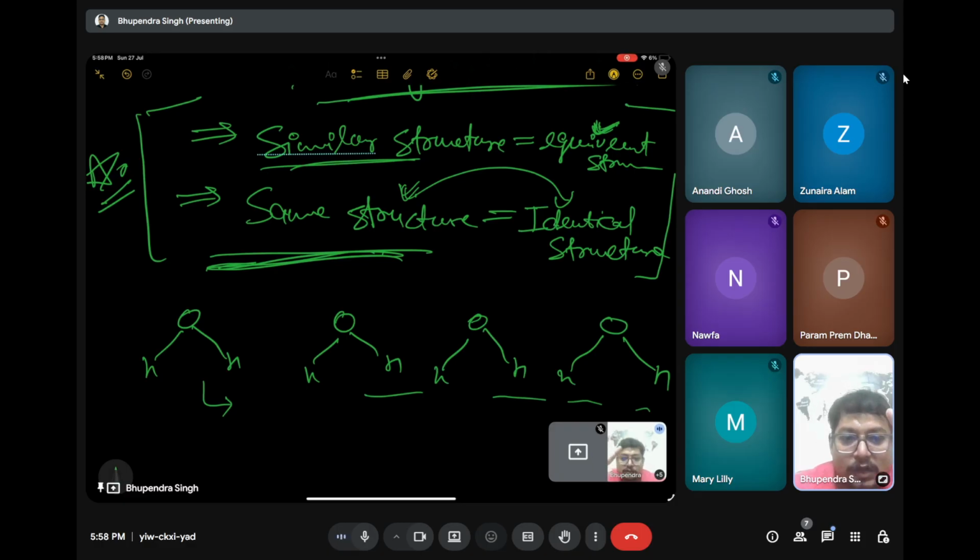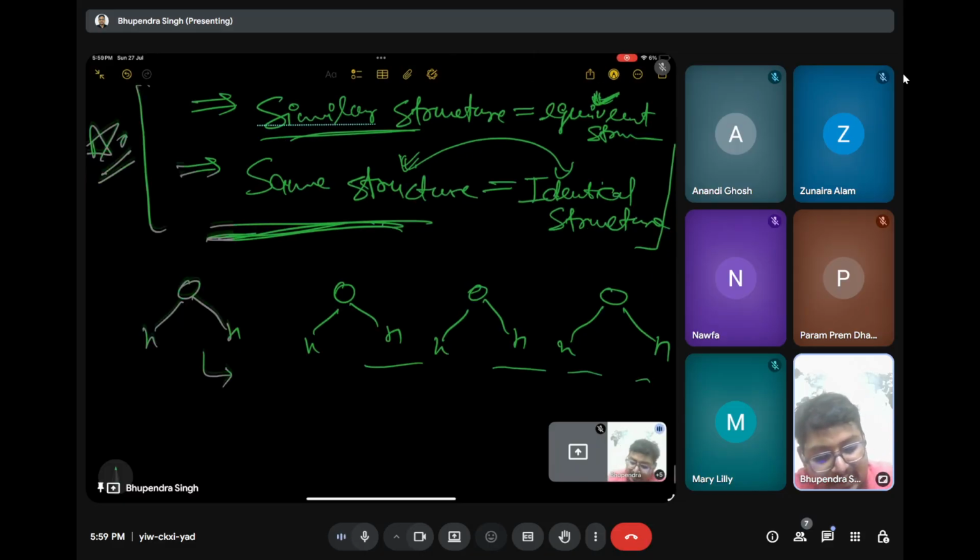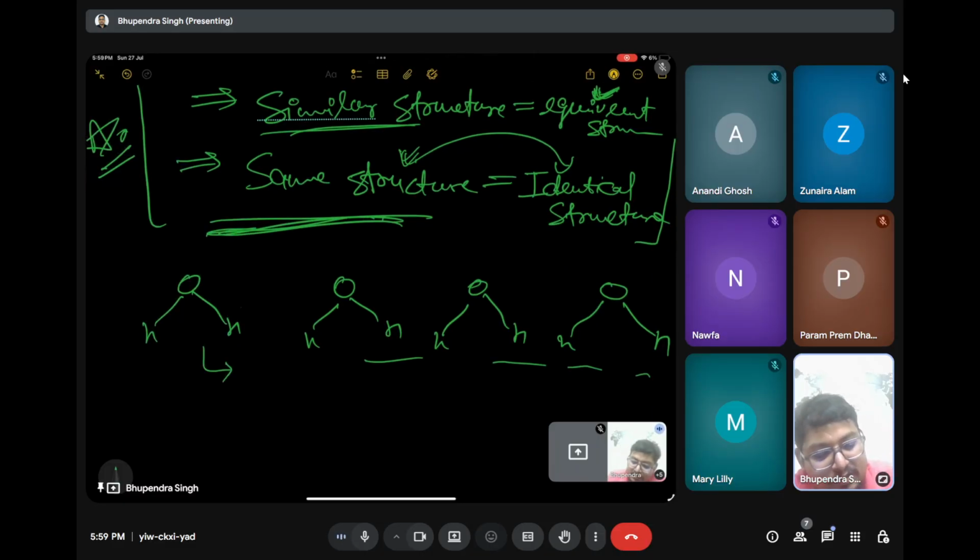We have learned only two elements today, so that is why I'm telling you about only two elements. Otherwise, I would say simply, not H1 H2, simply from here to here, you have rotated by 360 degree or 180 degree or 90 degree or 45 degree. So it doesn't make any sense actually.